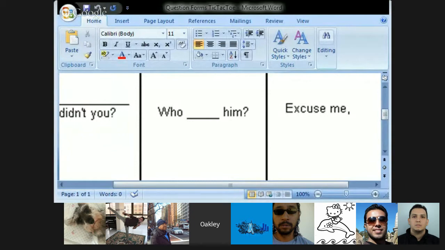Notice that they're all in the past tense. What's interesting is we have to do that when we use a dynamic or action verb. However, let's think about if we use a stative verb. A stative verb is a verb that just describes the state of being.